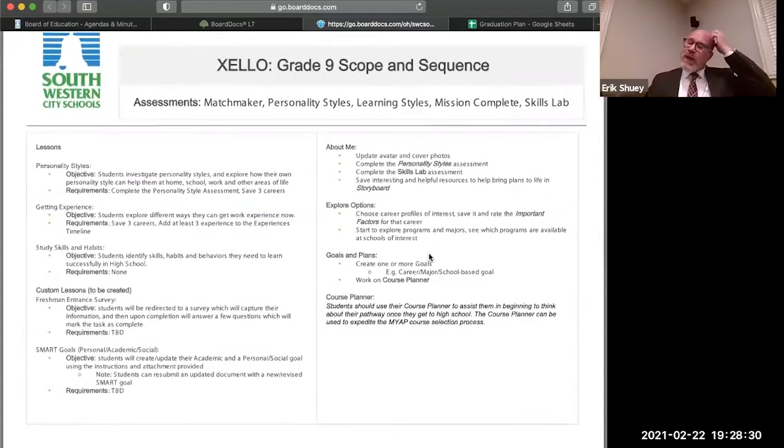Obviously, we talked a little bit about the scope and sequence, and really in order to get to a graduation plan, we've developed a scope and sequence that goes 7 through 12 about how to utilize the tools in Zello.